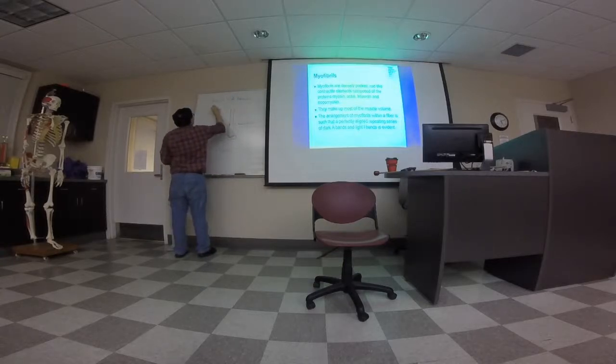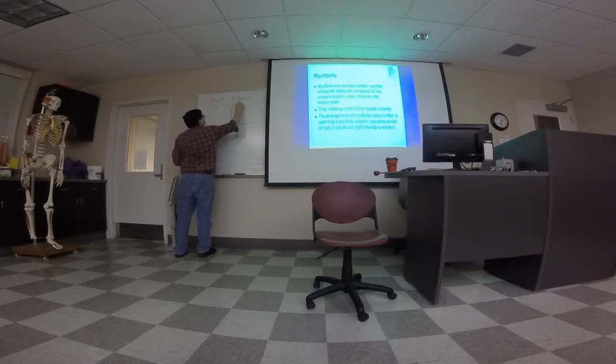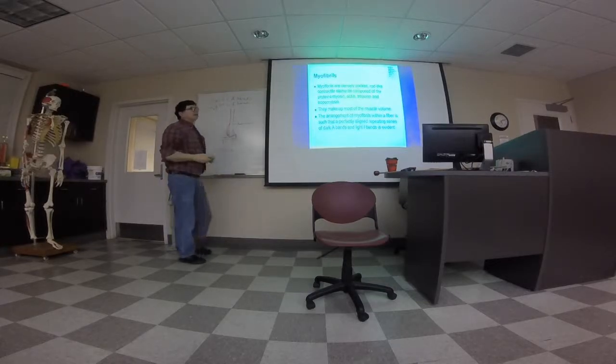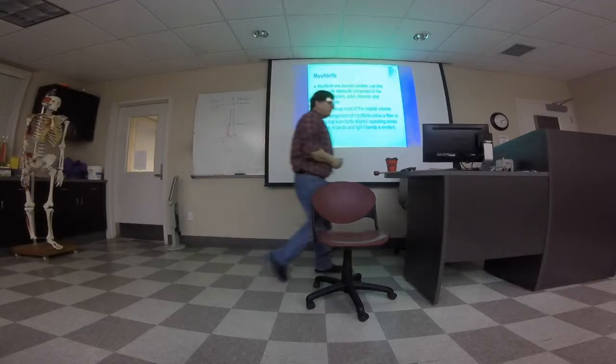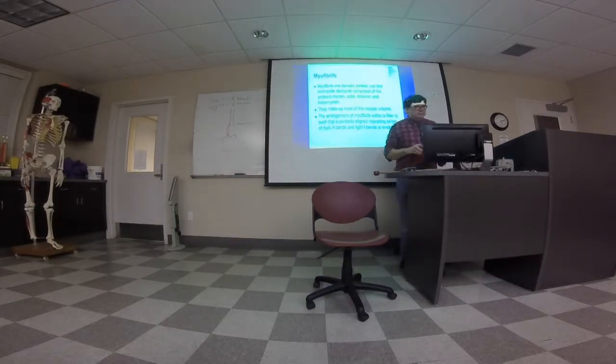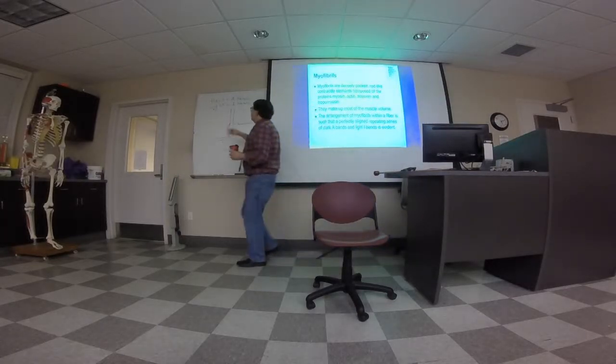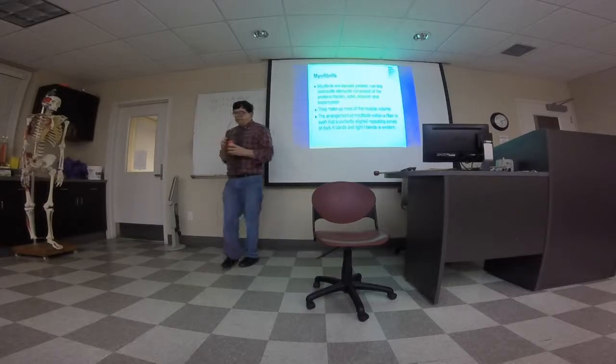And we'd call the light bands I bands. And as an easy way to remember it, just look at the second letter. So these myofibrils are made up of an alternating pattern of dark and light bands.